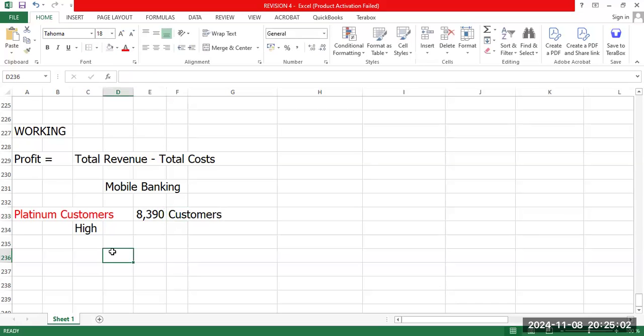Now total revenue. I want to get total revenue. Remember, total revenue is the number of customers times how much you charge each customer.